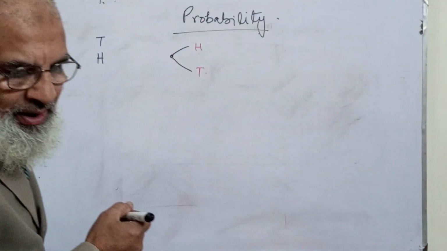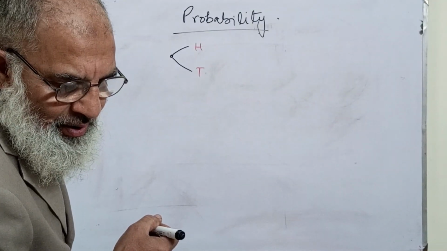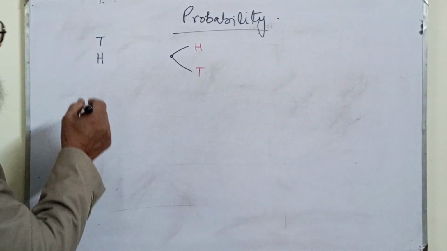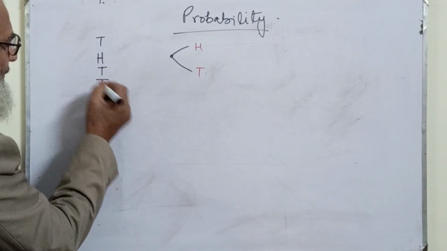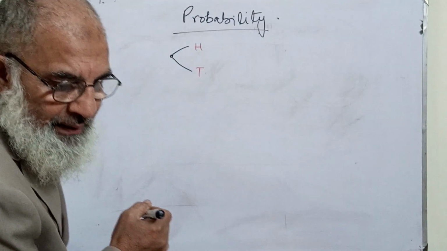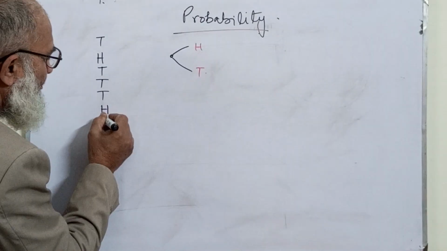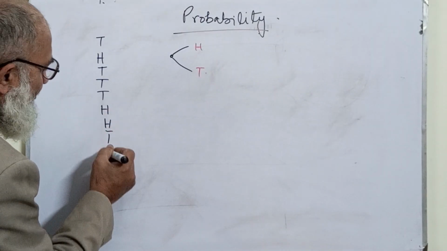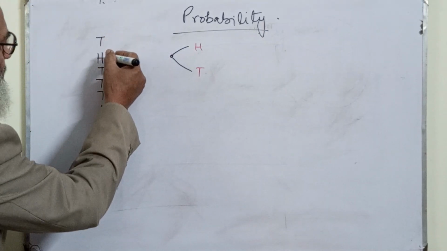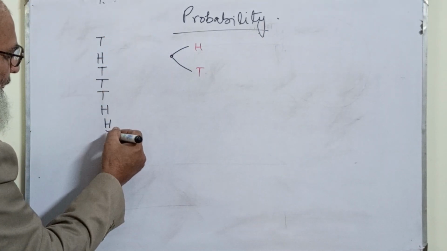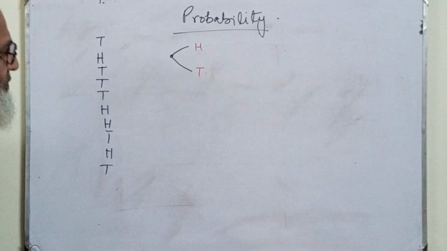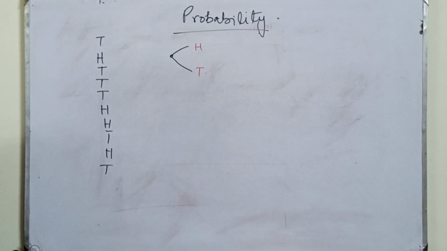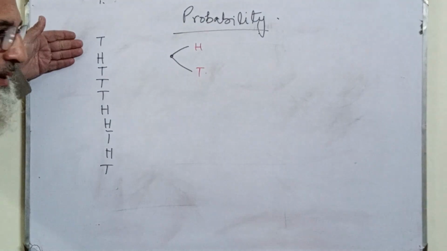You see, 4 T's come in a row, then 3 T's come in a row. Then two heads, then T, then head, and yes, T again. Now you can see the result.